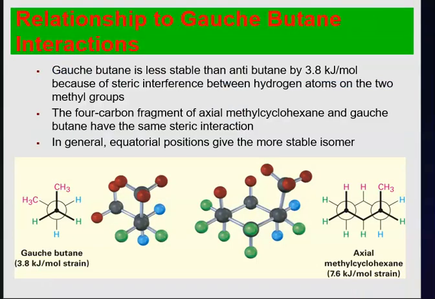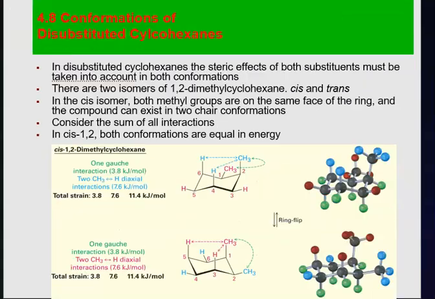Now the next part is regarding conformation of di-substituted cyclohexanes. Now in case of di-substituted cyclohexane, you have more than one isomer present, correct? Because you can have the two substituents at the 1 and 2 position, and they can be cis to each other or trans to each other.